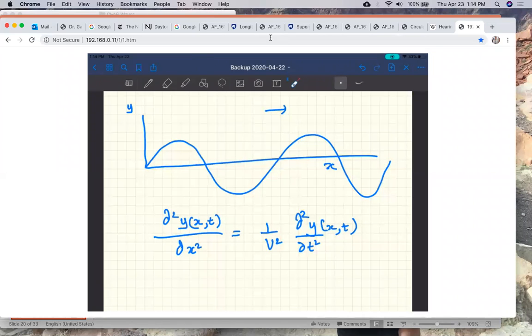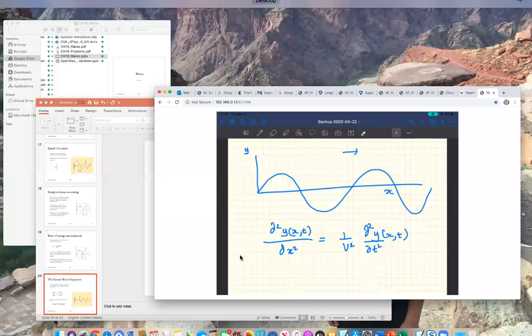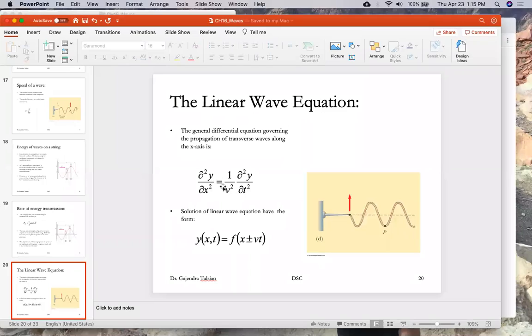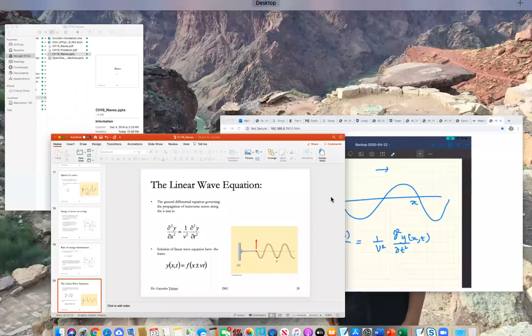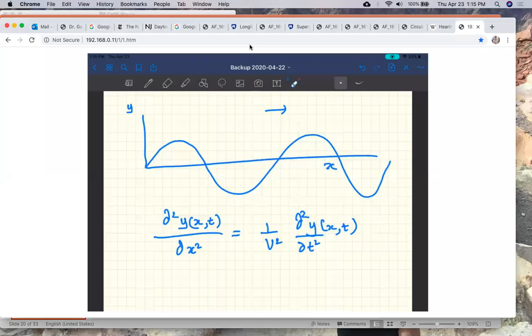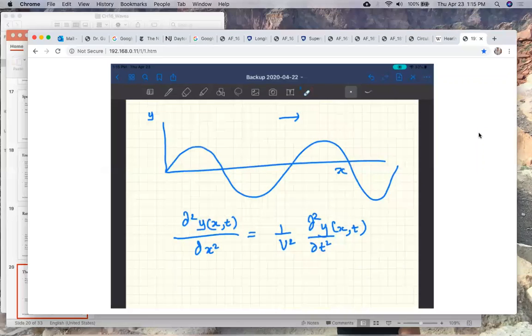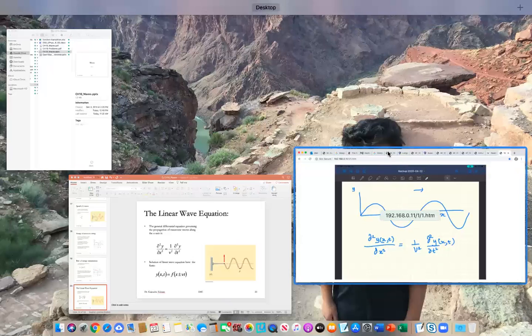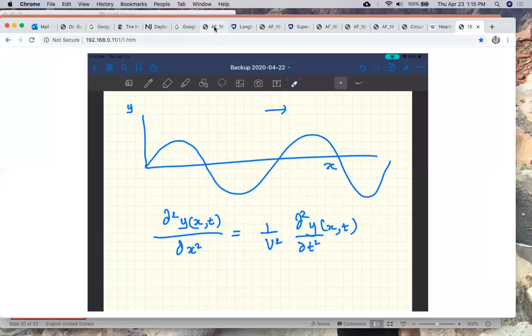Okay, so, all right, so this is the wave equation. It relates the second order time derivative to the second order spatial derivative. And this models the behavior of this system.